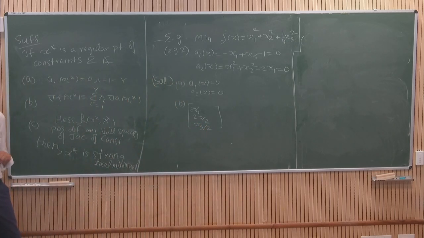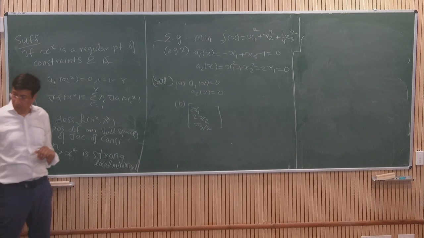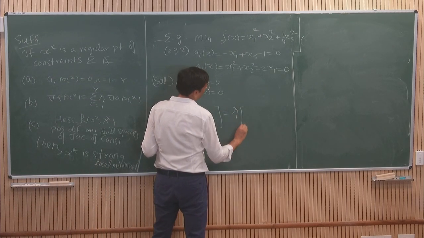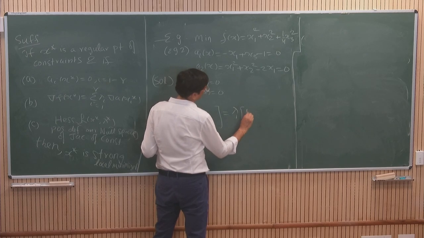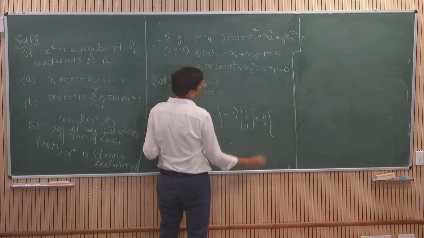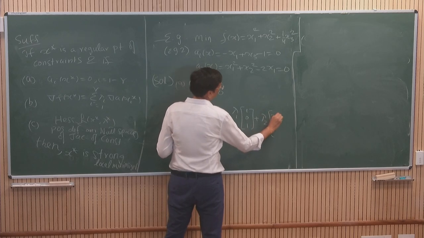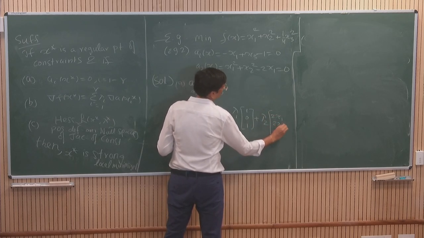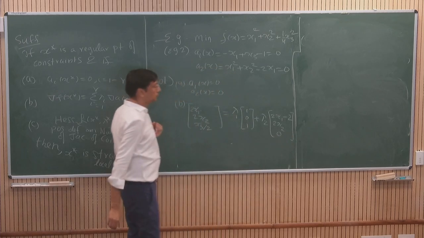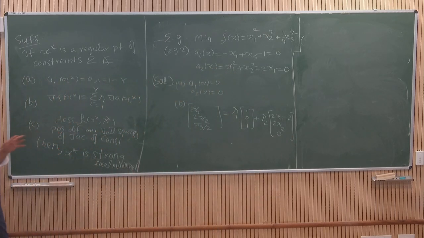And the constraints: lambda 1 times the gradient of the constraint, which is 1, 0, 1, plus lambda 2 times 2x1 minus 2, 2x2, and 0. Yes, everybody with me, we have done this before. 2x1 minus 2, correct.